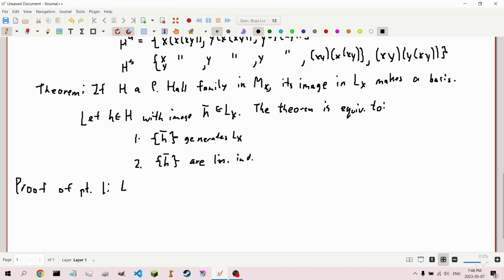We're going to let L_X prime be the K module generated by our collection of h bar.